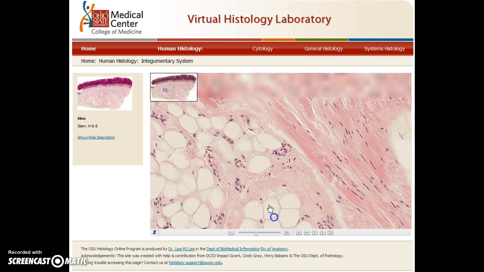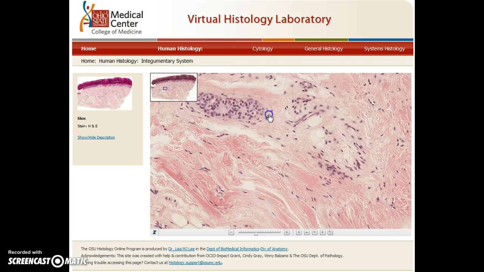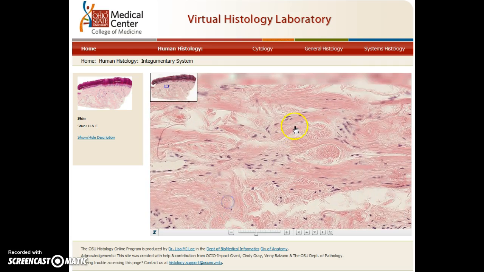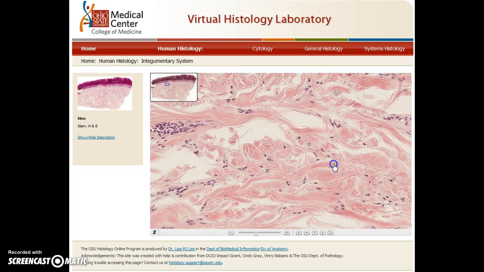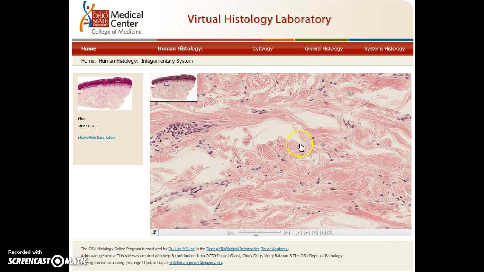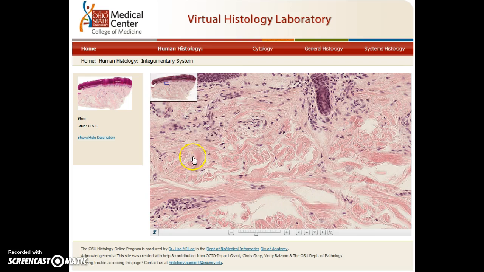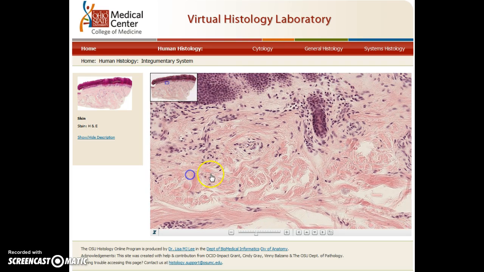Now above that, here we have dense irregular connective tissue. And remember that everything that we're going to be looking at in this video is connective tissue. But really all of these fibers, it doesn't look like there's much organization to their arrangement.